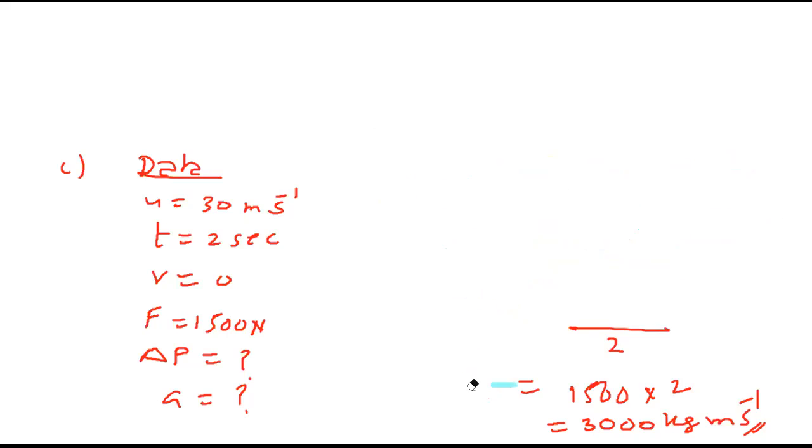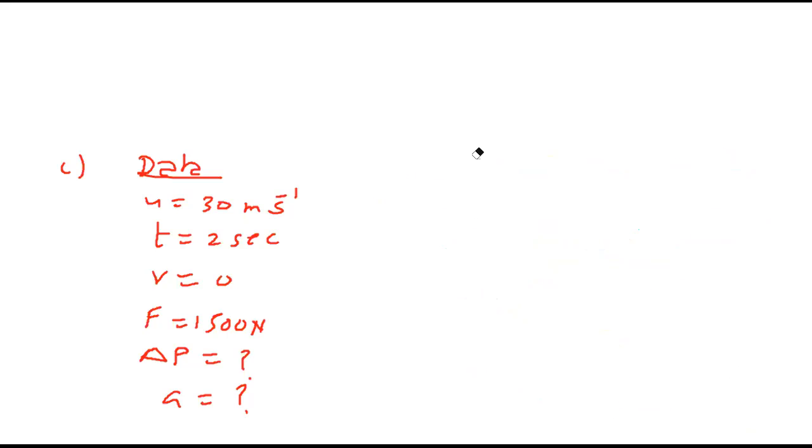What is A? Tell fast. Acceleration. That is okay, but what value are you getting? V is U plus AT, no? So 0, U is 30, plus AT.